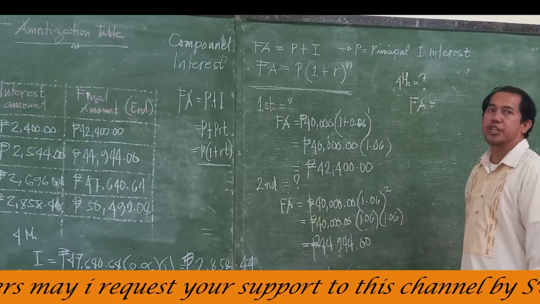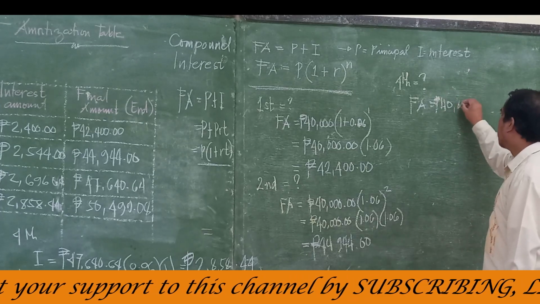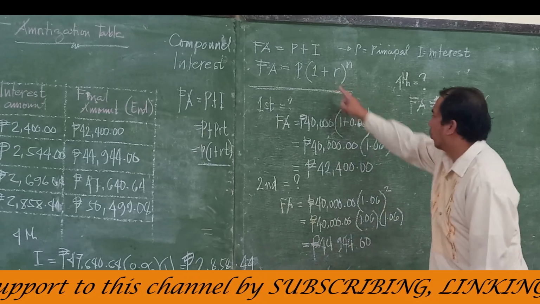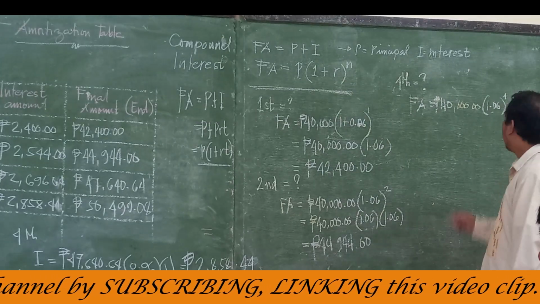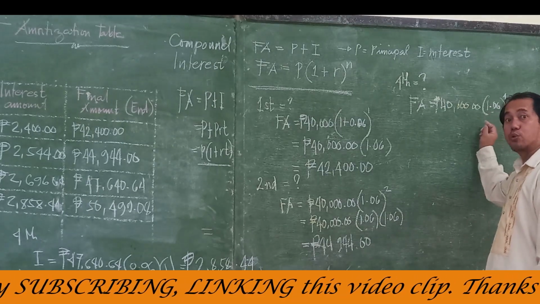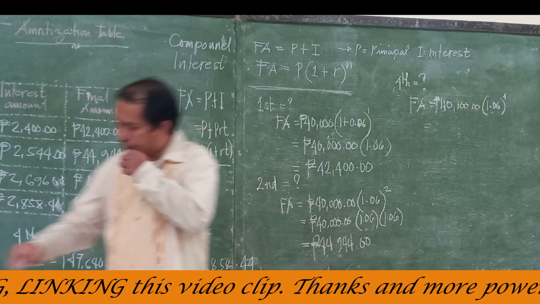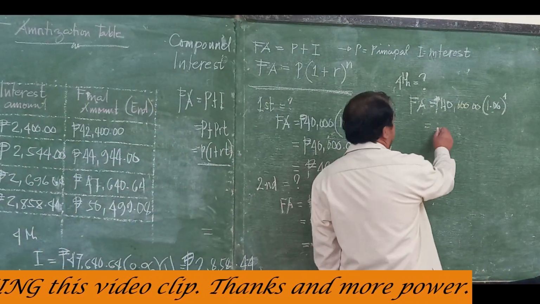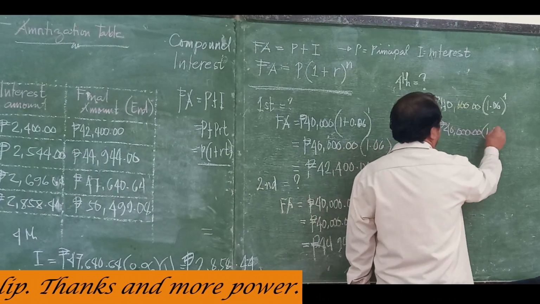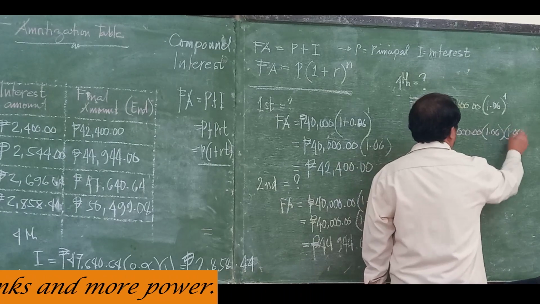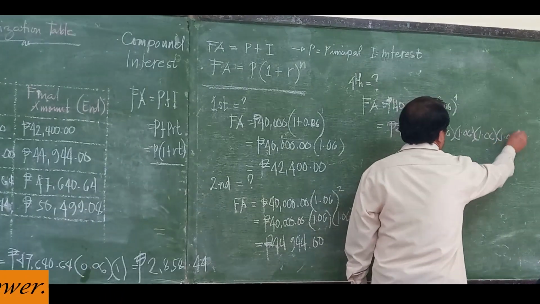Again, original principal, 40,000 pesos, multiplied by 1.06 raised to 4. Or if you make it detailed, that is 40,000 pesos multiplied by 1.06 multiplied by 1.06 multiplied by 1.06, then another 1.06.